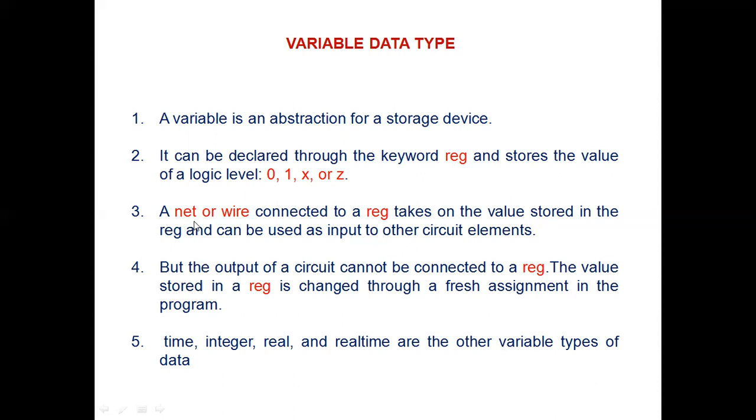Now once again read this. A net or wire connected to a reg takes on the value stored in the reg and can be used as input to other circuit elements. That means whatever value is stored in the reg can be taken by the net or wire, and they can pass it to other circuit elements.